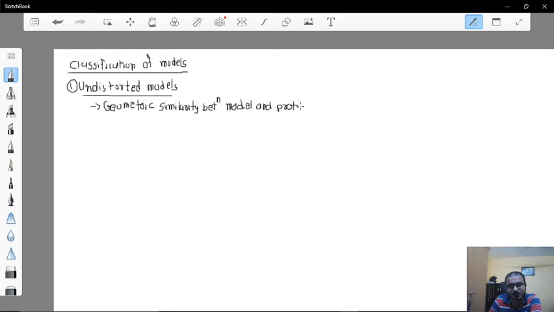So when there is a geometric similarity between model and prototype, the model is called undistorted model.